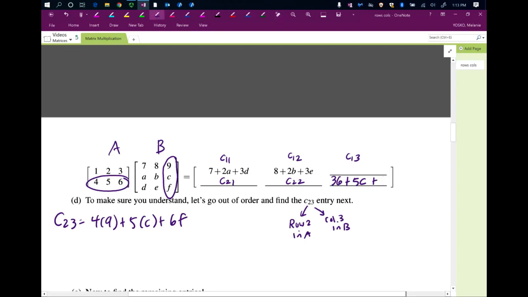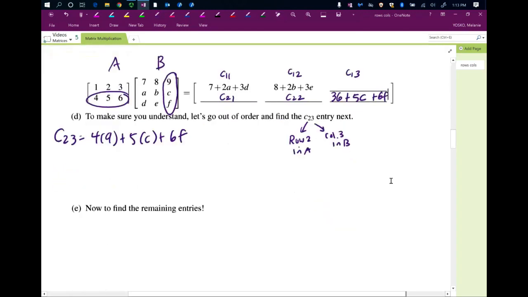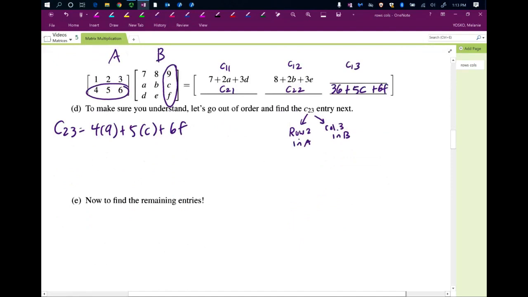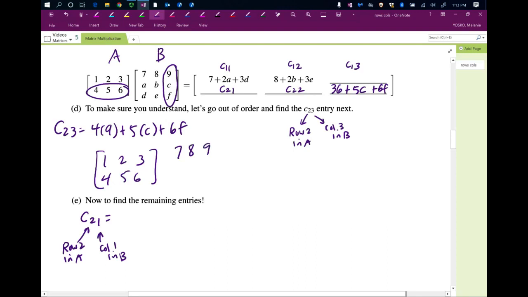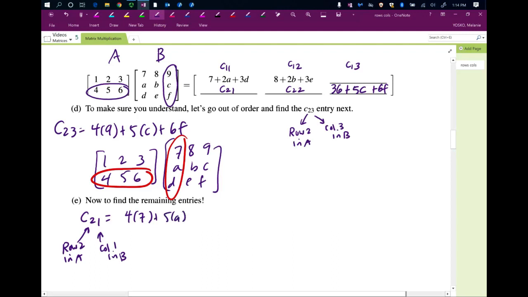Okay, let's keep going. Let's do a few more. So let's just pick one. What if we wanted to do C21? So that tells us row 2 in A, column 1 in B. So row 2 in A, column 1 in B, first times the first plus the second times the second plus the third times the third.